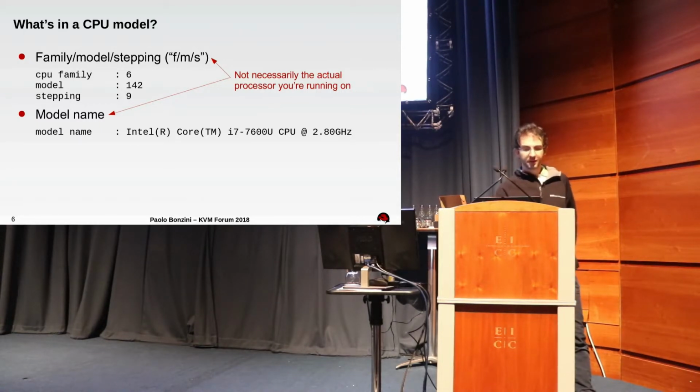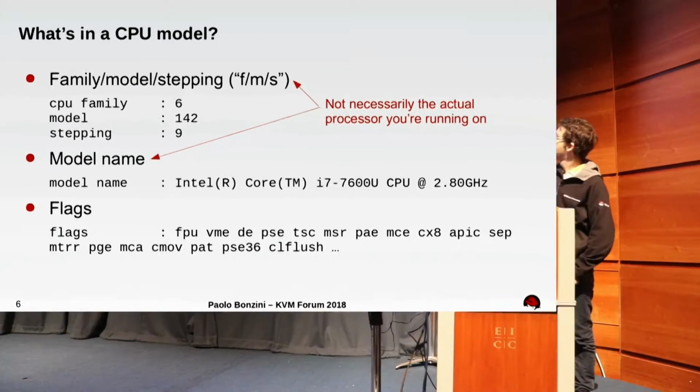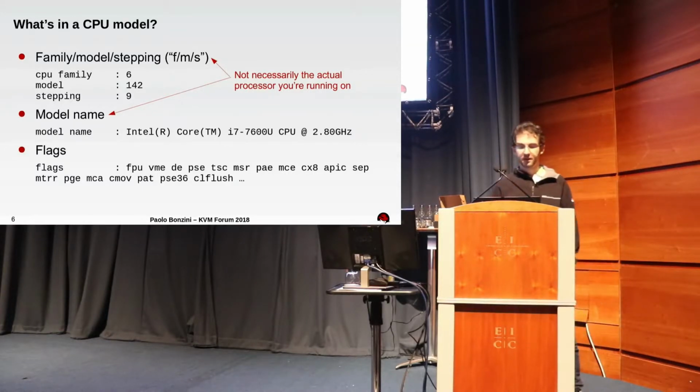What programs should never do is use the family, model, stepping to decide whether something is there. That's evil, don't do it, because what you have for that is hopefully, usually, CPU flags, CPUID flags. There are dozens of them. This is just the first 1.5 lines, basically.